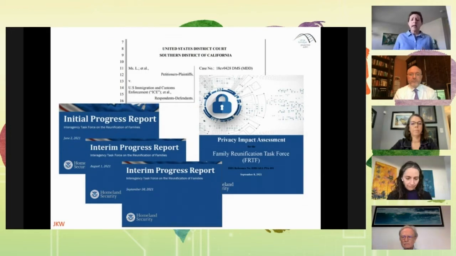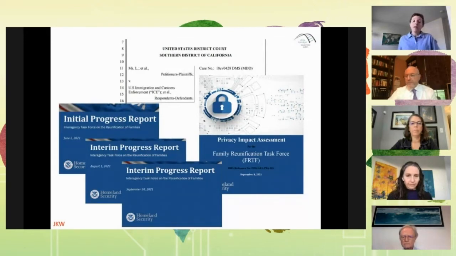Before this last progress report, however, there was a very important privacy impact assessment that was issued on September 8th. And this relates specifically to the data gathering systems and processes that the Family Reunification Task Force has underway.